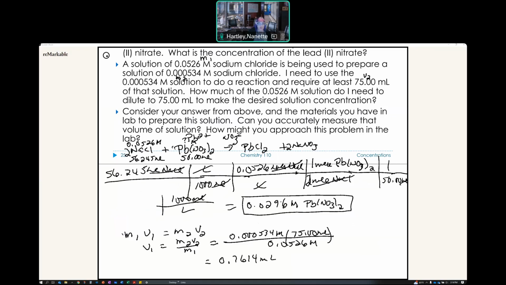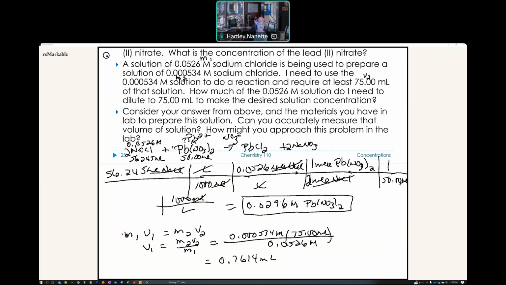So you might want to take your solution and dilute it to, say 0.00534, and then again to 0.000534, because then you can do 2 dilutions and make that work.